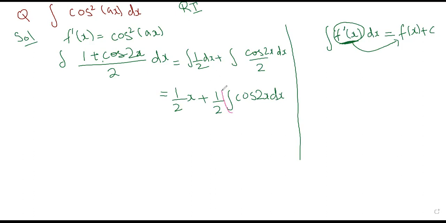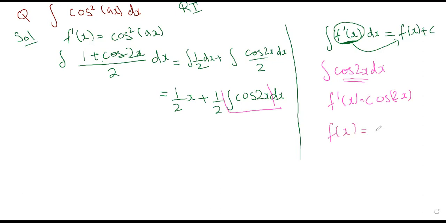Now let's talk about this part. Now again your guesswork would start. Now you need to think of it as the derivative function. So whenever you have cos 2x as the derivative, what function comes to your mind? Sine. Very good. Yeah, sine 2x.